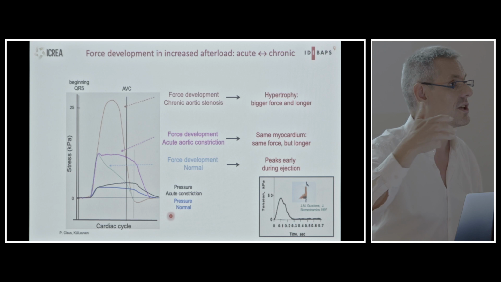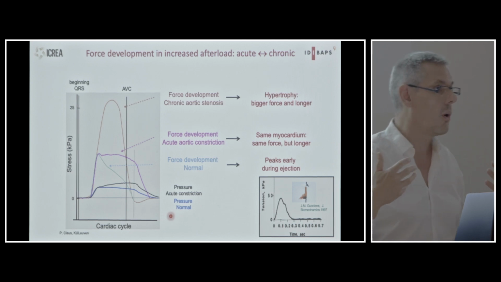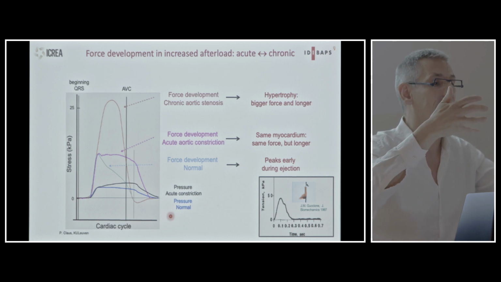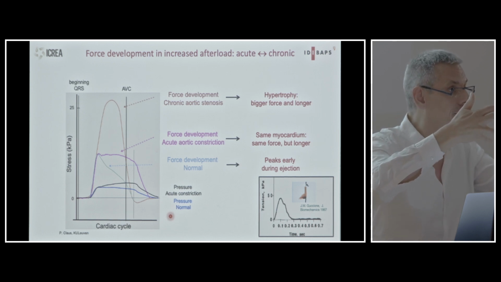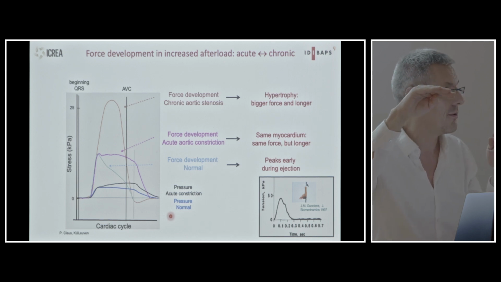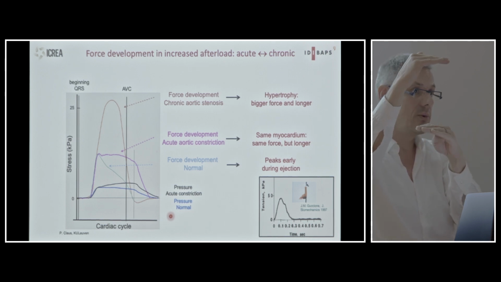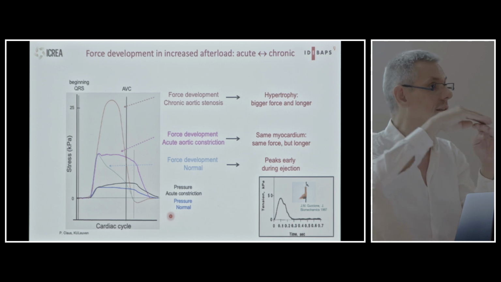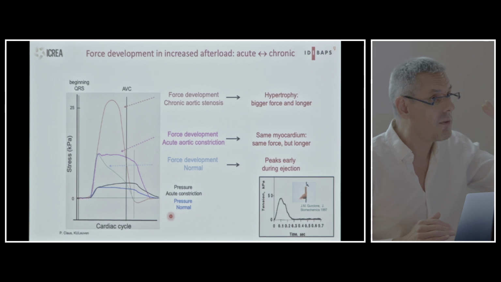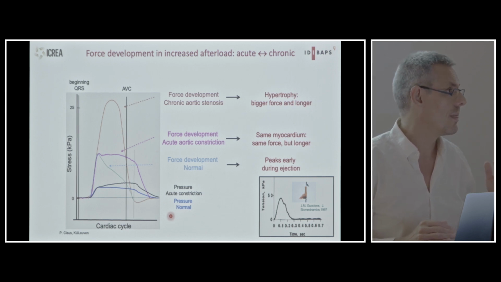But of course, this also gives us a compensation mechanism to cope with loading. Namely, if we have an acute loading, or it can even be chronic, we can actually develop force much, much longer. And that's where I said you have this slower deformation. So you will have the same amount of GLS, but your strain rate is much slower. Or when you look at the M mode, the slope of the M mode is much slower.